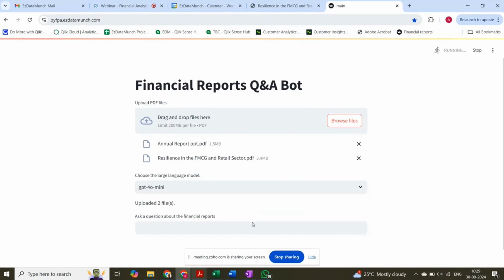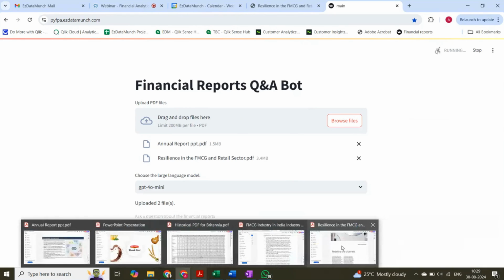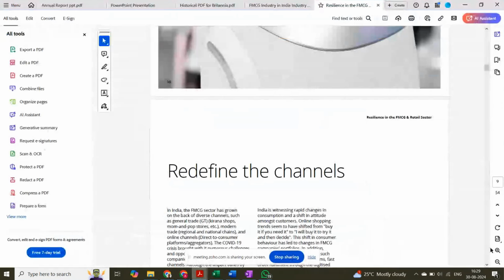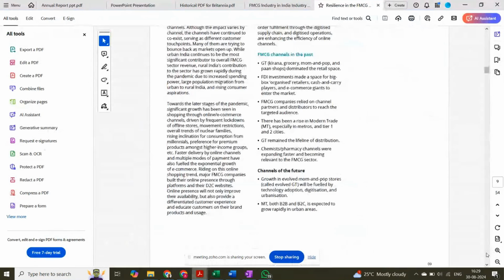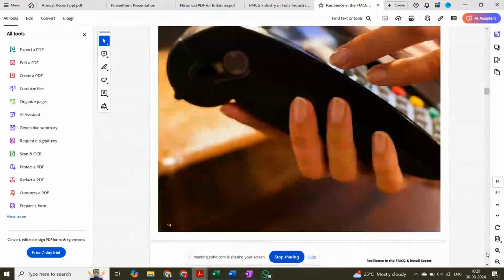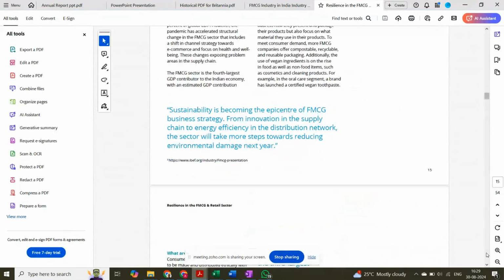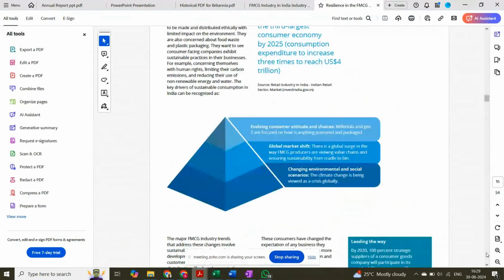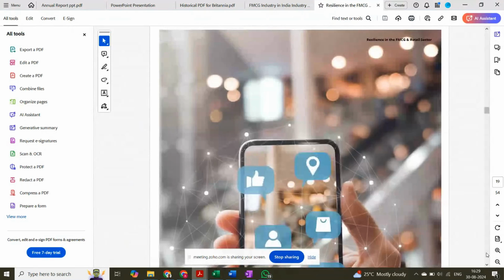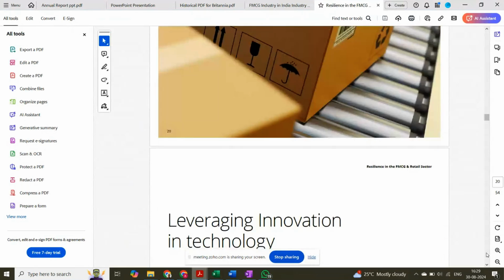So if I were to look at this document, there are a lot of areas it talks about. So let me look at, as I mentioned, this sustainability thing, right? So it devotes a complete chapter to sustainability. And as I mentioned earlier, it's one of the hot topics in today's markets.